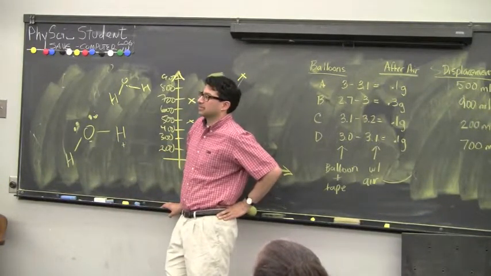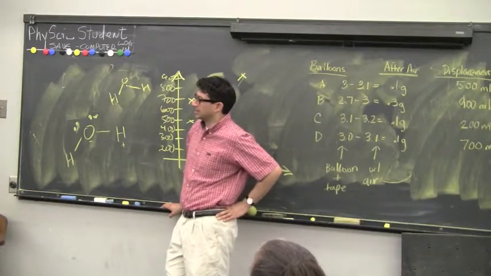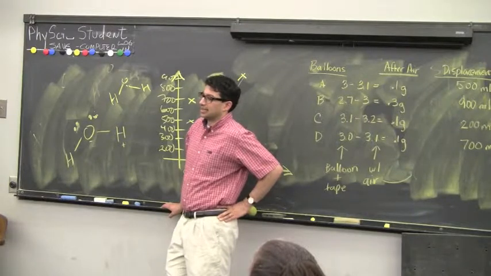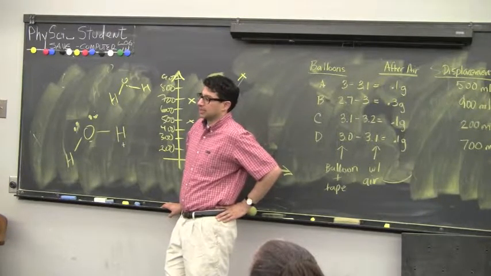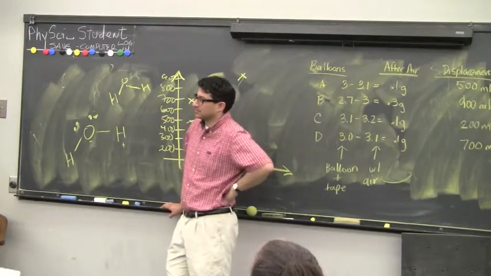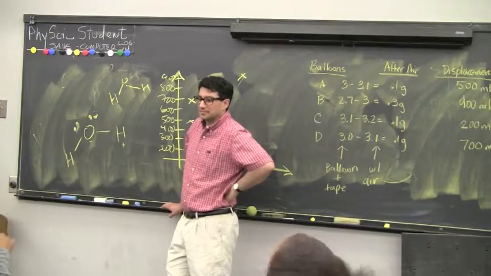There's another incredibly important consequence of the fact that ice is less dense than water. I don't know if any of you know what it is. It pertains to hockey, the ice rink.